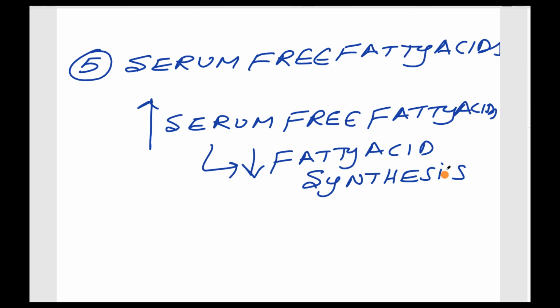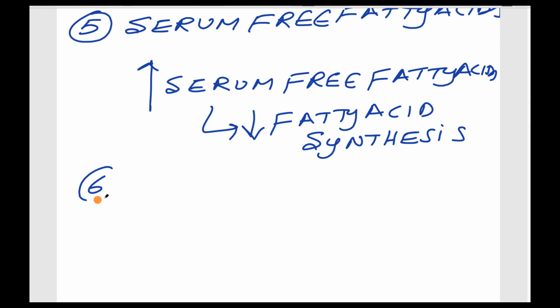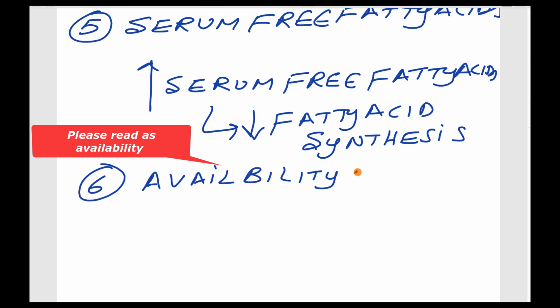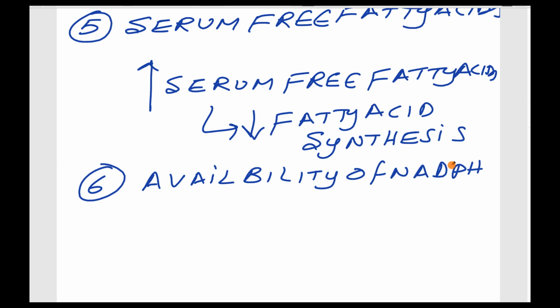Finally, it is the role of NADPH. The availability of NADPH is very crucial because fatty acid synthesis is a reductive synthesis. NADPH has to be there. If NADPH is available, fatty acid synthesis will continue, or else it will not. One of the suppliers of NADPH is the HMP shunt pathway.